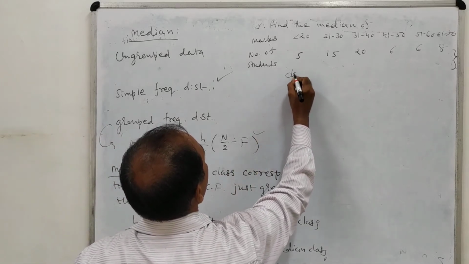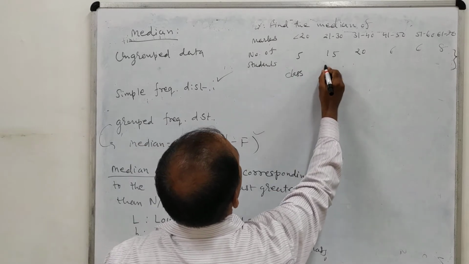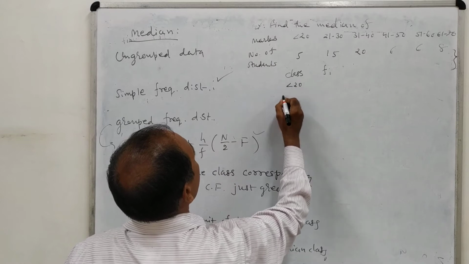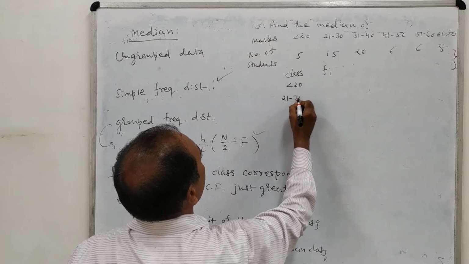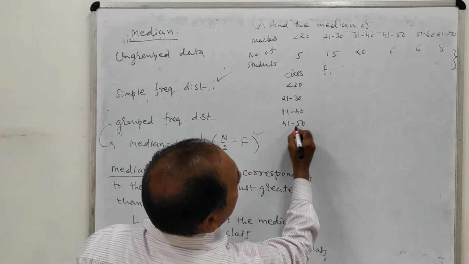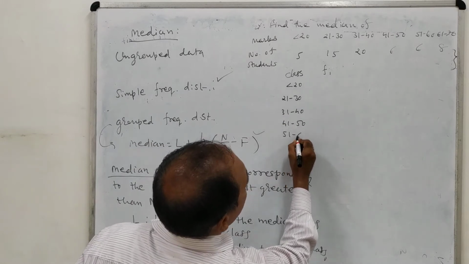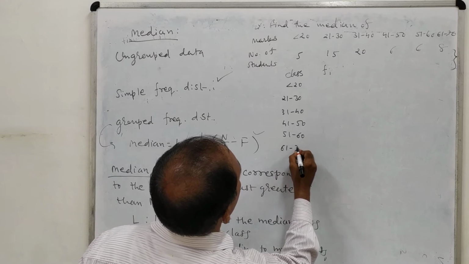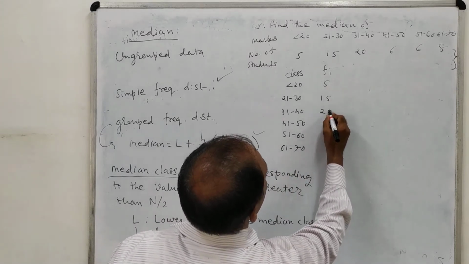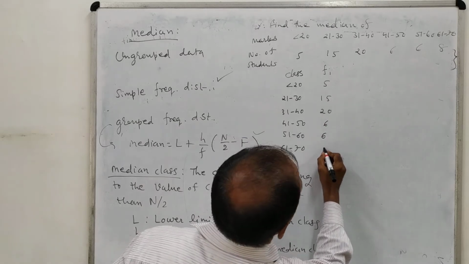After that we will need to make the table. Here are the classes, here are the frequencies. Classes are less than 20, then 21 to 30, 31 to 40, 41 to 50, 51 to 60, and 61 to 70. And the frequencies are 5, 15, 20, 6, 6, 8.